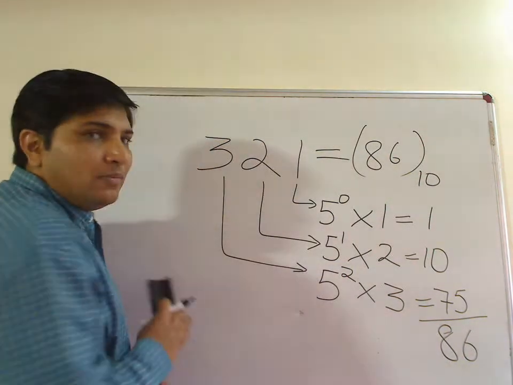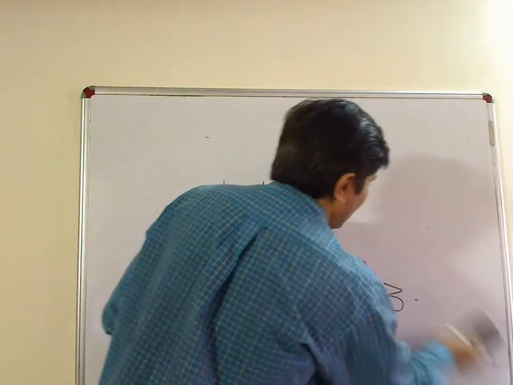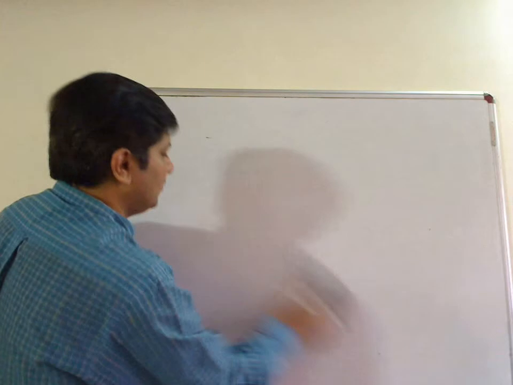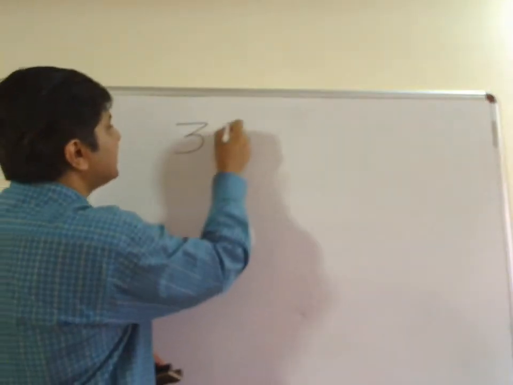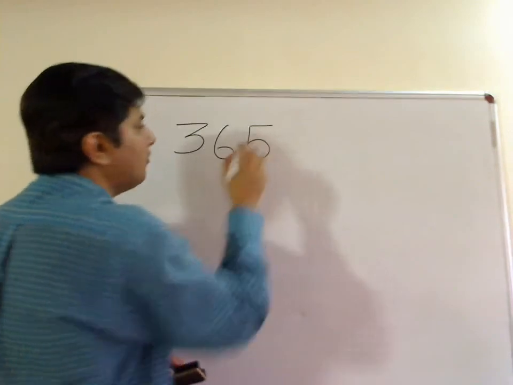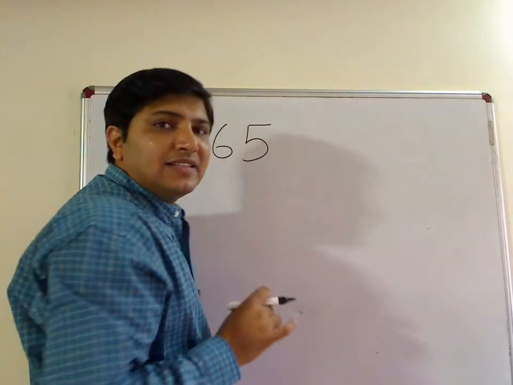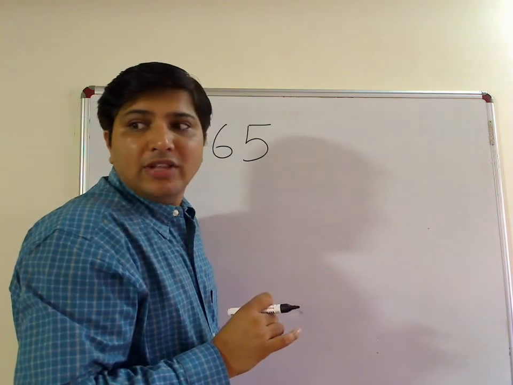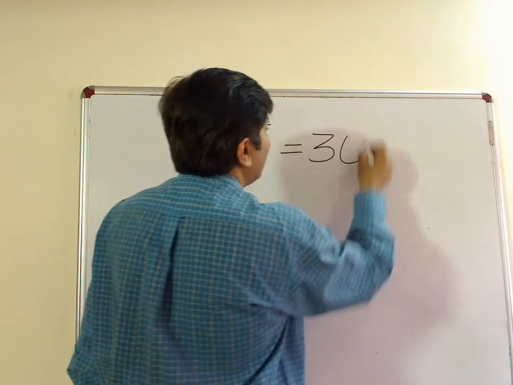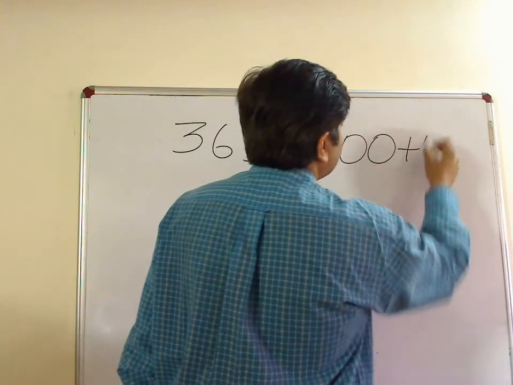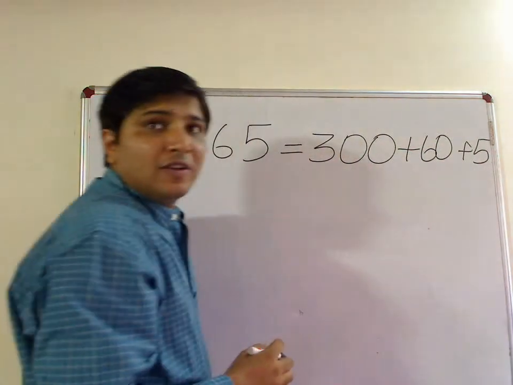Let's understand this from the decimal number system. Let's take our ordinary number 365 of base 10. Can I write 365 in this scientific form to try and find out the value? It can be written as 300 plus 60 plus 5.